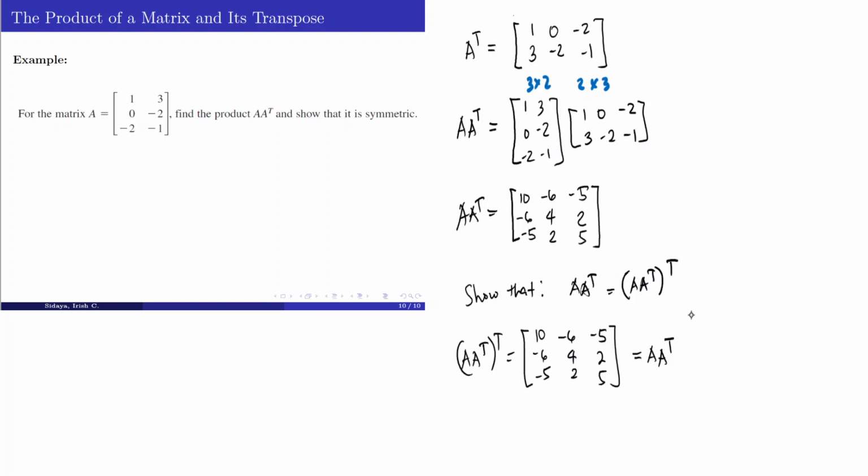Or another way is just to observe the entries here. Notice that for each i not equal to j, Aij is equal to Aji. That is, this entry is equal to that entry, and this to that one. Okay, so therefore we say that A transpose A is symmetric.